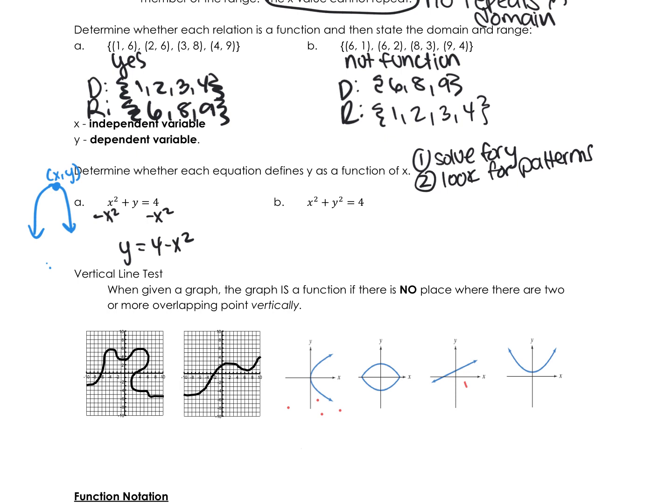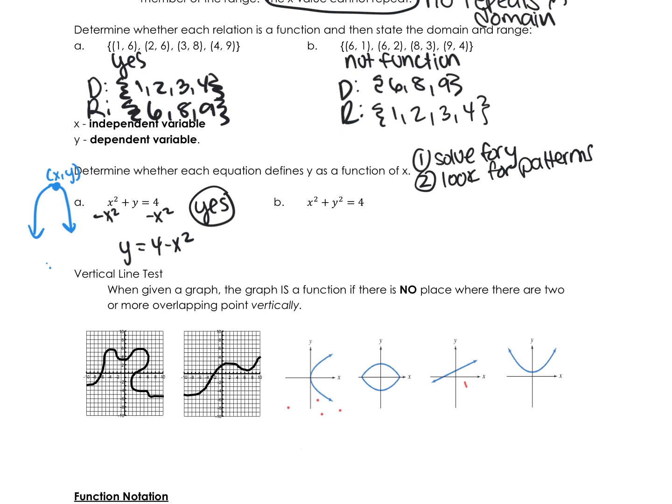There's not going to be a different y that comes out. So that means there's not going to be any repeats in the domain, okay? A repeat in the domain means for 2 x's, you have 2 different y values, right? So this is going to be a function because I was able to solve for y. Any x I put in there, it's going to give me out a single y value, right? I'm not going to have two possible outputs for the same input. So that is a function.